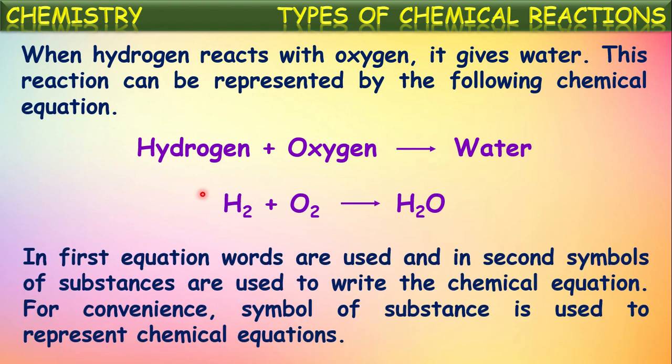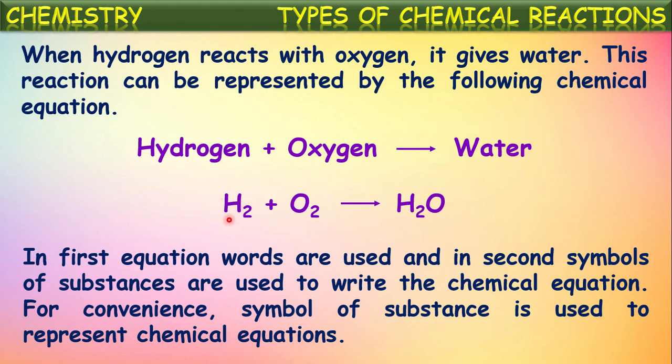In the first equation, words are used, and in the second one, symbols and the formulae of the substances are used to write the chemical equation. For our convenience, symbols of the substances are generally used to represent the chemical equation. Instead of writing hydrogen's complete name, we can write the same by using the formula H2, isn't it?